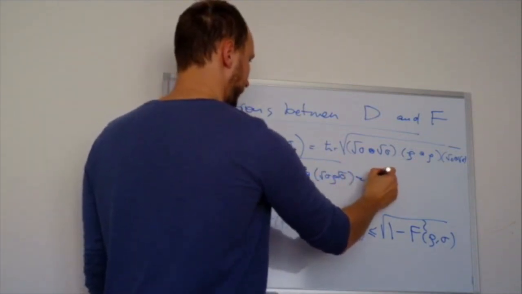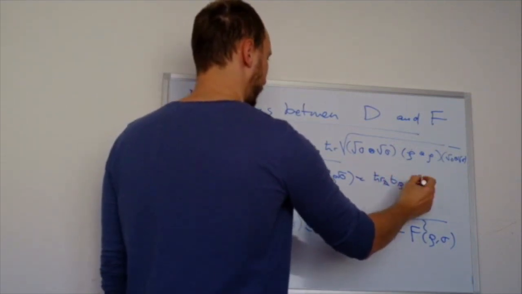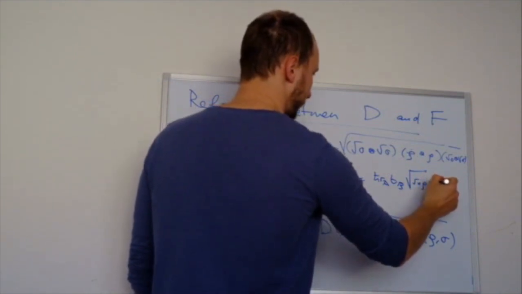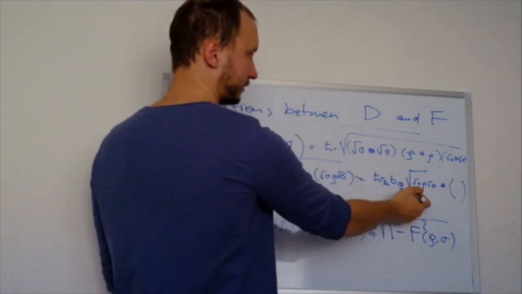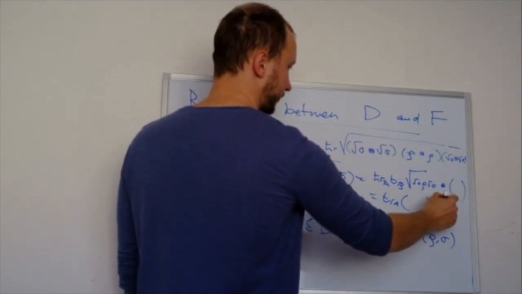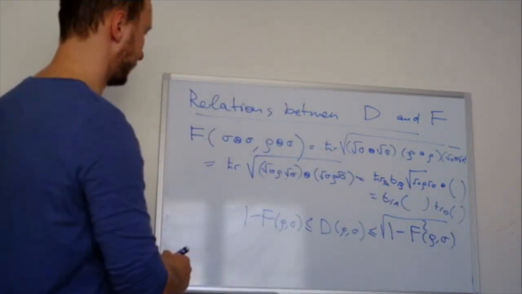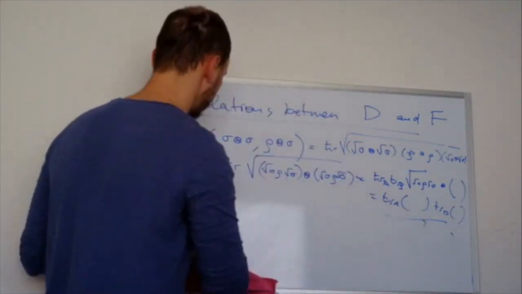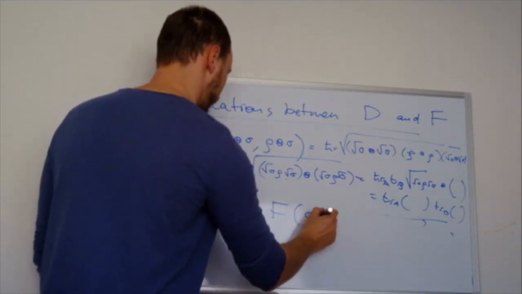And then this is just a trace of Alice and a trace of Bob of square root of sigma rho sigma for Alice, tensor product. Same thing for Bob. So of course it's just a product of traces. So in summary, the fidelity of a tensor product is again just equal to the product of the fidelities, f of sigma and rho.